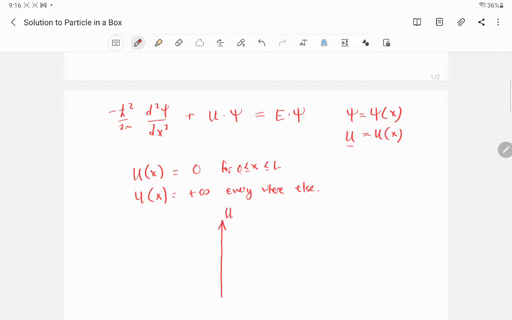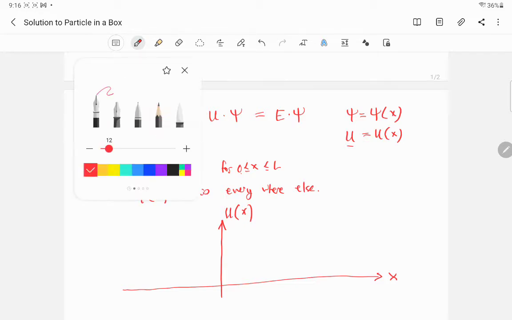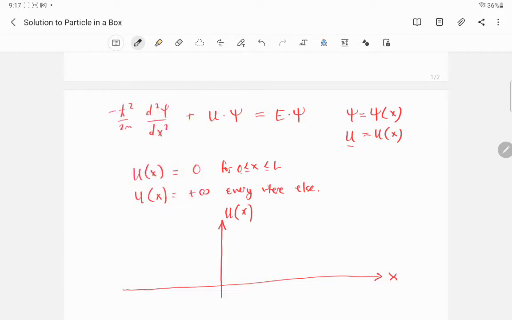So the vertical axis is the x-dependent potential energy, and the horizontal axis is the entirety of the x-axis. And our potential energy, I'll draw it in black, is at x equals 0. It just goes all the way up to infinity.